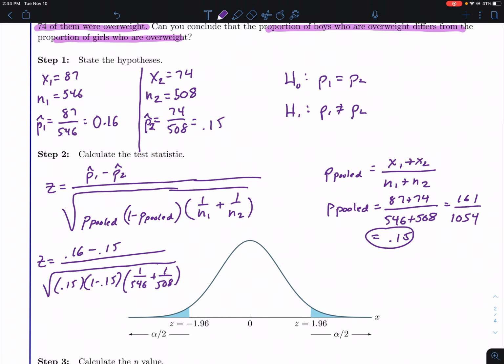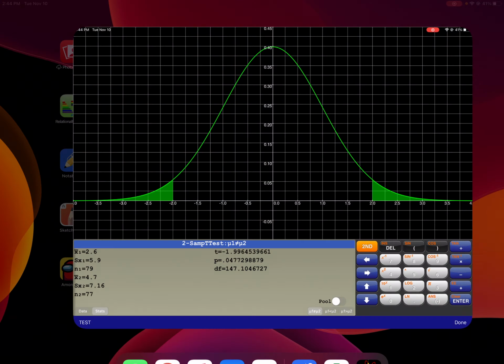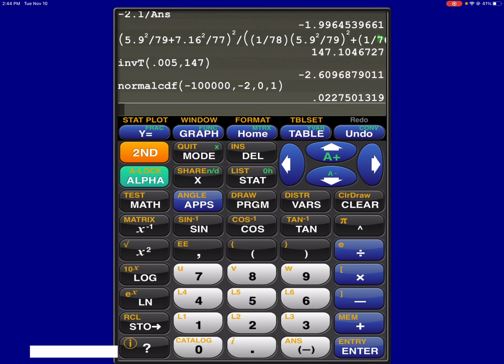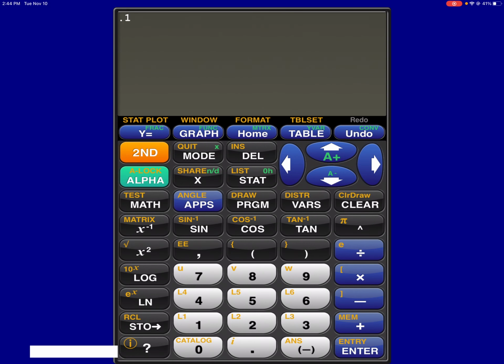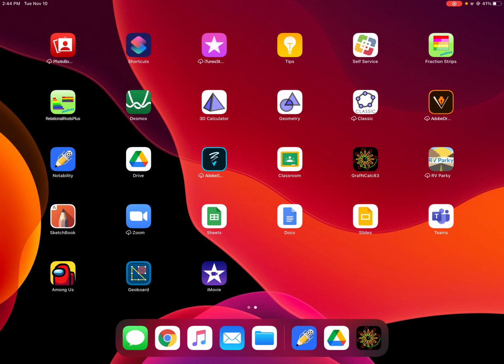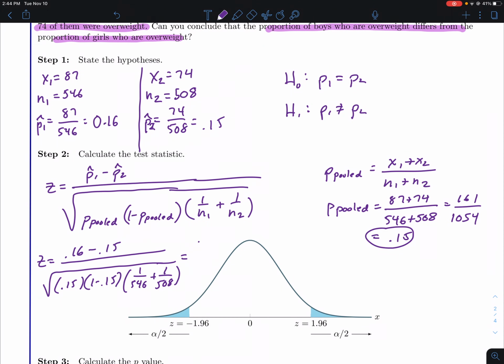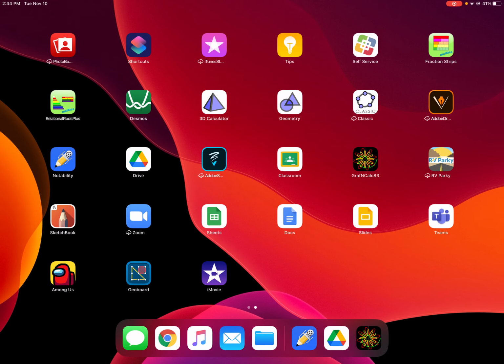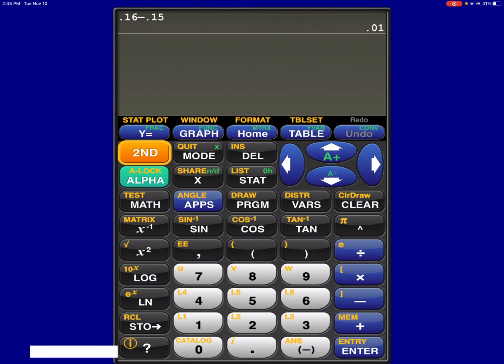So now to the calculator. So we've got 0.16 minus 0.15 gives us 0.01 on the top. And then on the bottom, we're going to get the square root of, so parentheses, 0.15 times 1 minus 0.15.